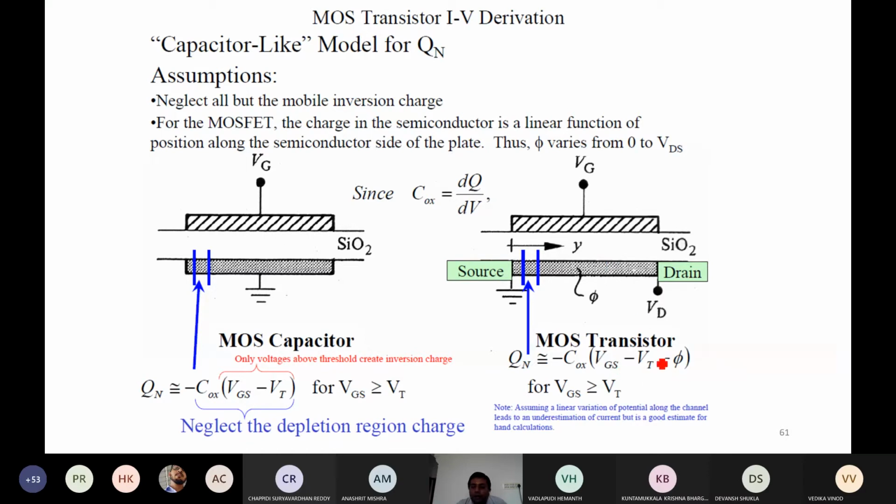VT is already dropped. VT is just the starting point of creation of inversion. But when you want strong inversion, this much voltage you should apply. So VGS minus VT minus phi. This is multiplied with COX, and we are able to find out the charge which is required in the previous integral, and then we can move on.